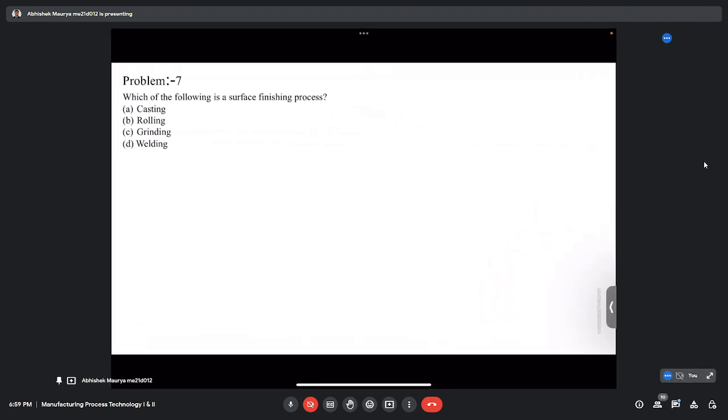Okay. I have got responses, and most of you have got the correct answer. So, which of the following is the surface finishing process? As I told earlier, the surface finishing processes have the objective to make a good surface finish of the component.